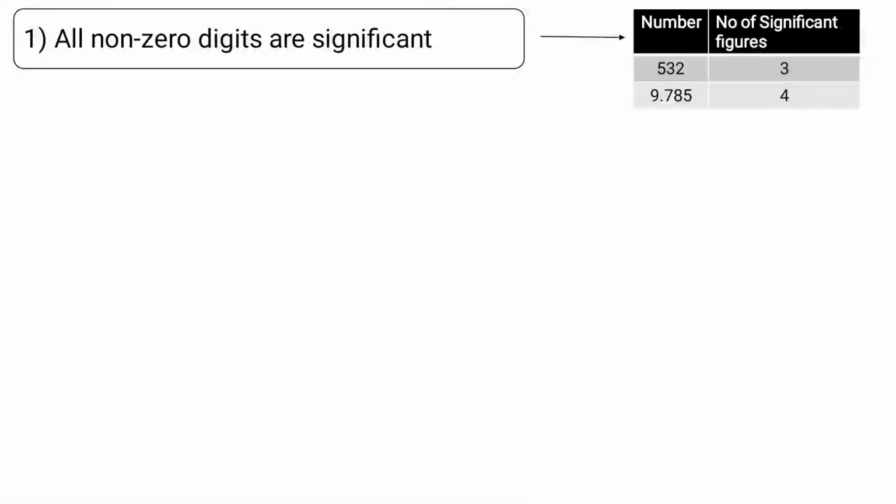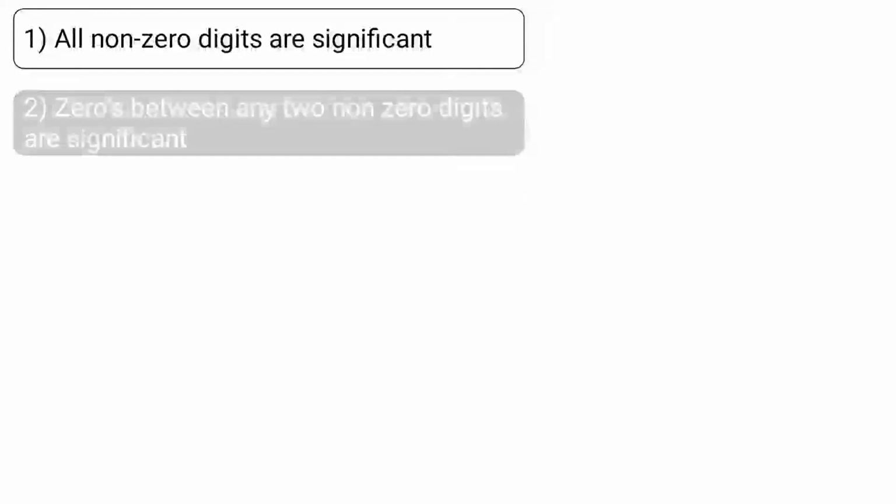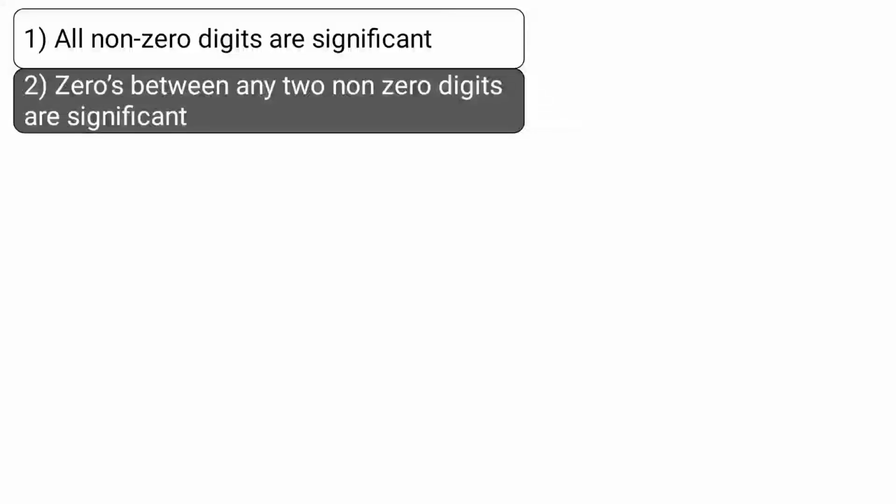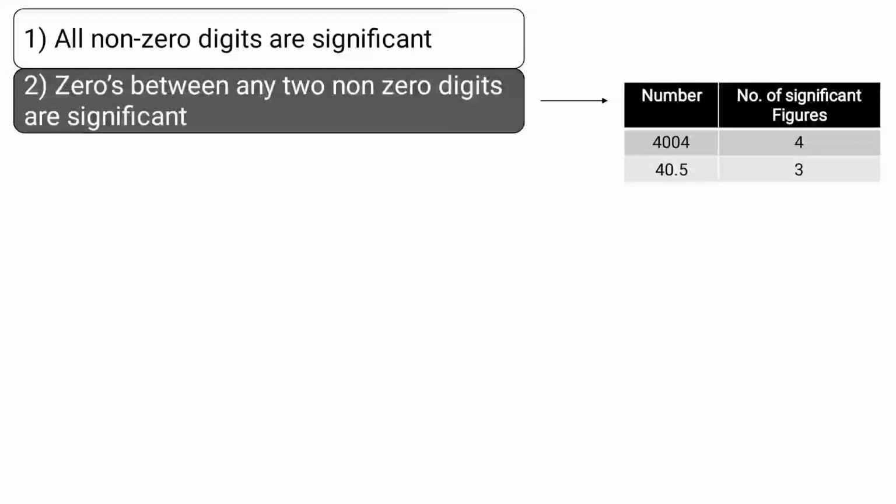Going to the second rule, zeros which are present between two non-zero digits are also said to be significant. Let us take an example. 4004 and 40.5. In both these examples, the zeros are present in between the non-zero digits.